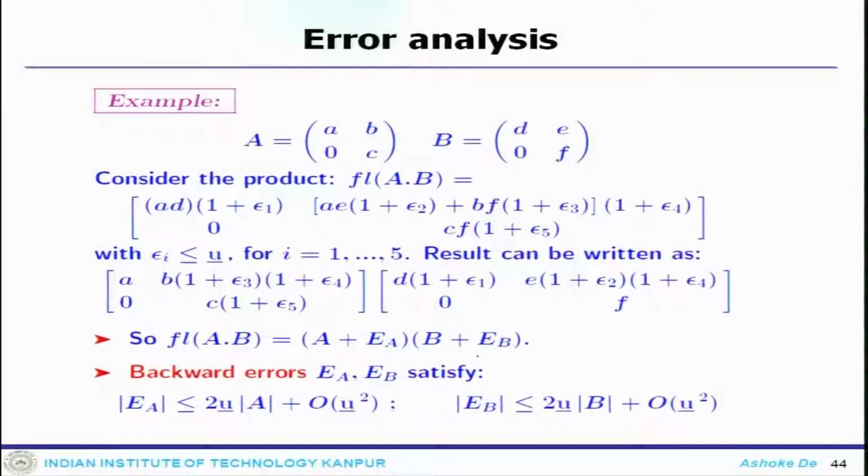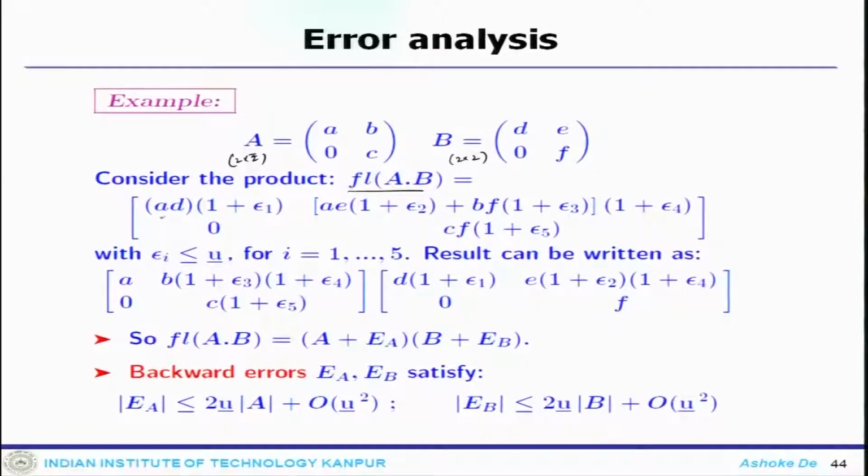So, take an example which will allow you to understand that in a much clearer way. Let us consider the matrix A, a 2 by 2 matrix: A, B, 0, C. B is another 2 by 2 matrix: D, E, 0, F. So, the second row first element has 0 values. Consider the floating point product of A dot B. What do you get?